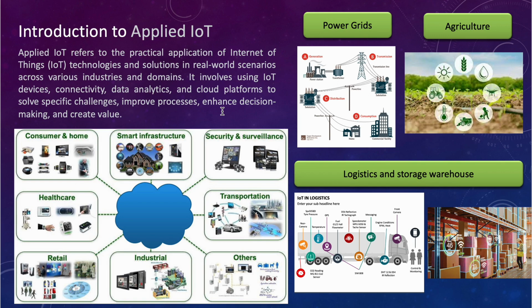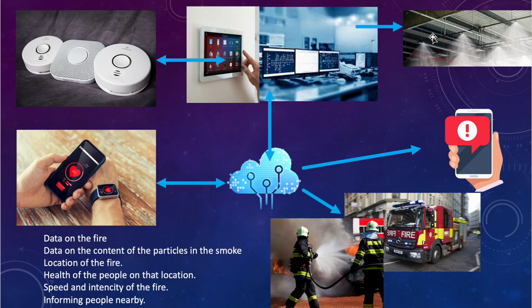So it will enhance decision making, because that data would be in front of the decision making people very fast, right? Solving specific challenges, for example, a challenge would be to control the sprinkler system, the water pumping system inside the building.